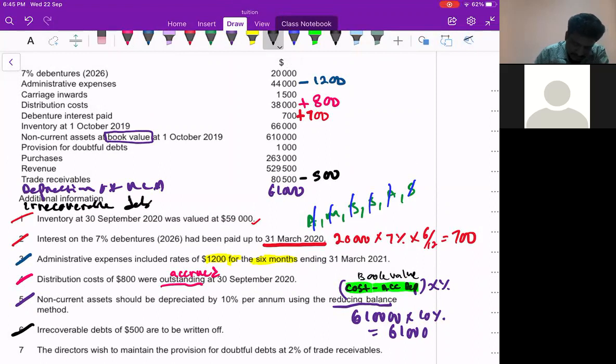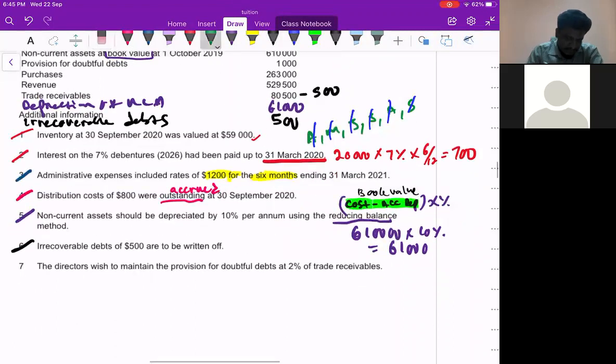Irrecoverable debts is 500. But actually, you don't need to minus this because this item will go to the statement of financial position. But why do I minus? Because later, whenever we calculate the provision for doubtful debt, we need the latest figure. That's why I minus. Okay, next one, number 7.